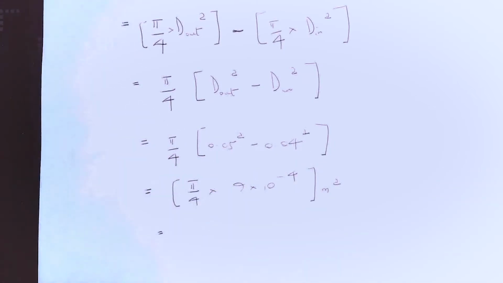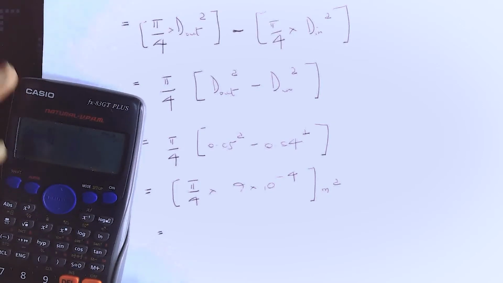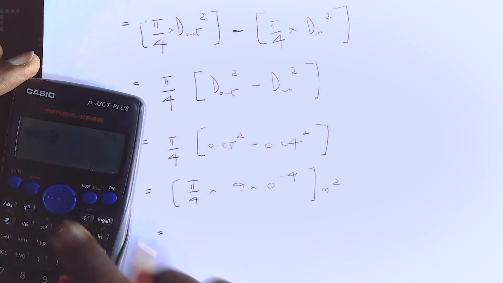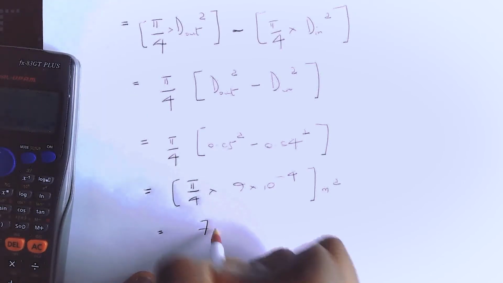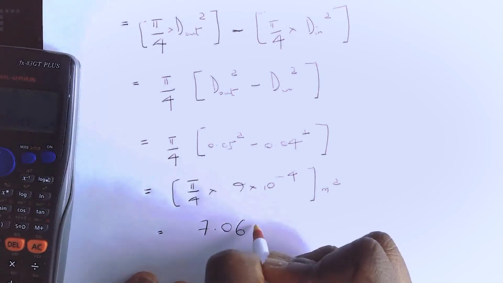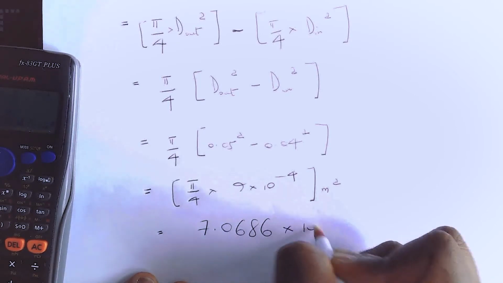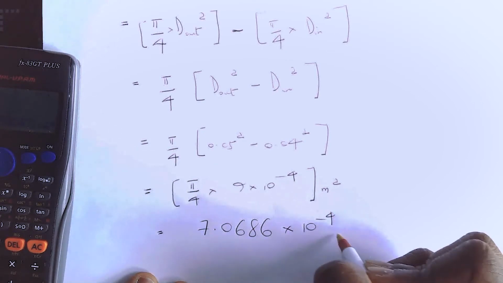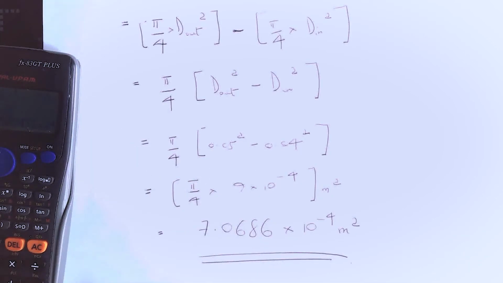When we do the needed computation, we multiply that by pi over 4, and that gives 7.0686 times 10 to the power minus 4 meter squared. So we worked out the area.